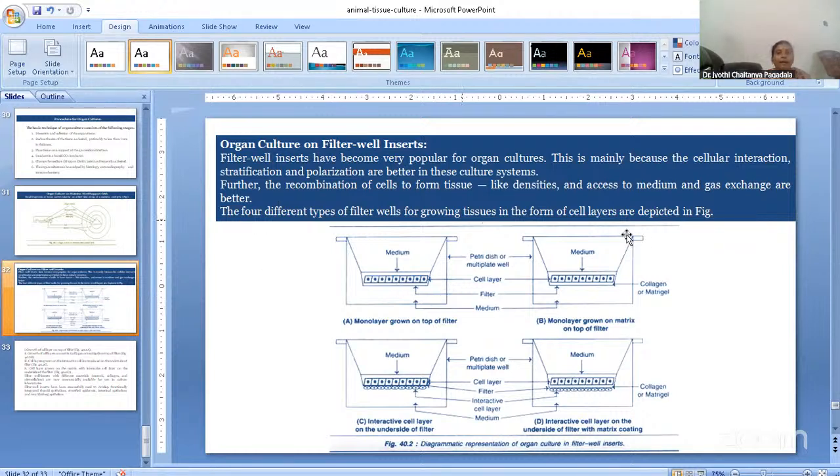Here we have 4 types of different wells for growing the tissues in the form of cell layers. Yes, that is already depicted in this picture. This is the monolayer, and the monolayer grown on the matrix on top of the filter.